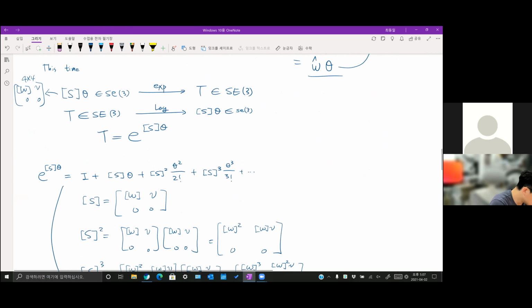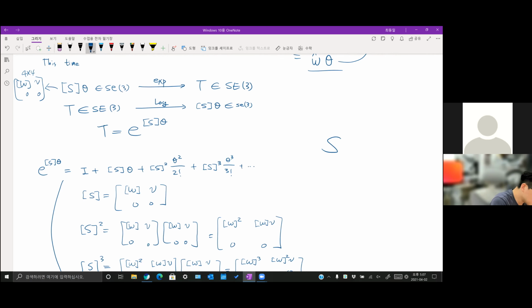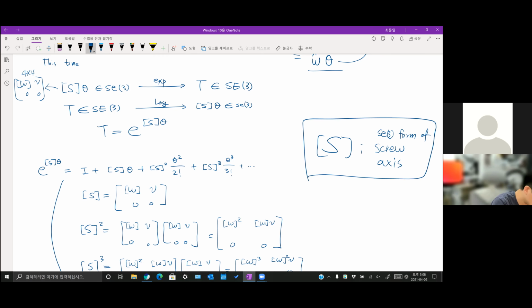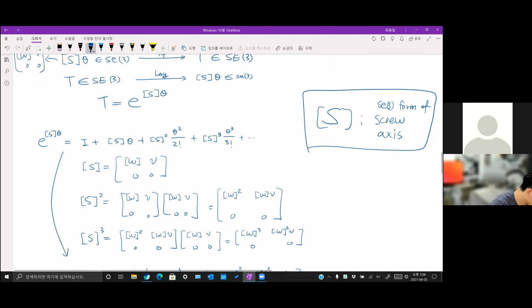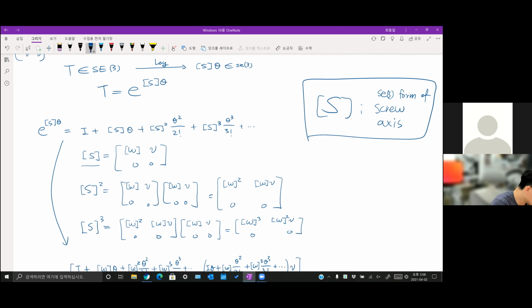The S means the screw axis, and this one is the se3 form of the screw axis. The bracket S is this one, as I already told, the small se3 form.